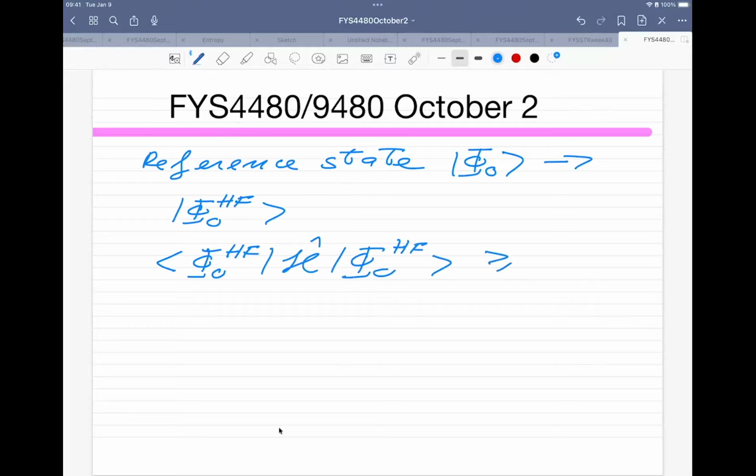is going to be, due to the variational theorem, larger or equal to E0, which is now the exact energy of the ground state. So this is a way to target the ground state of the system. If you want excited states, we actually have to labor a little bit more.